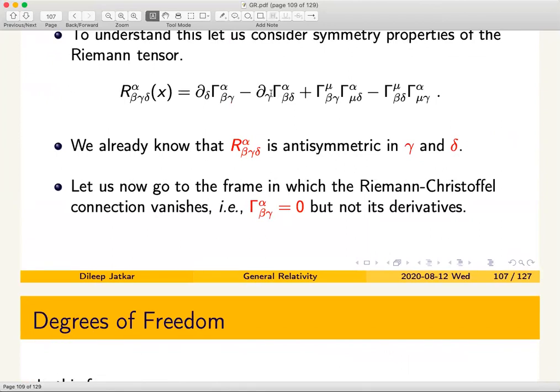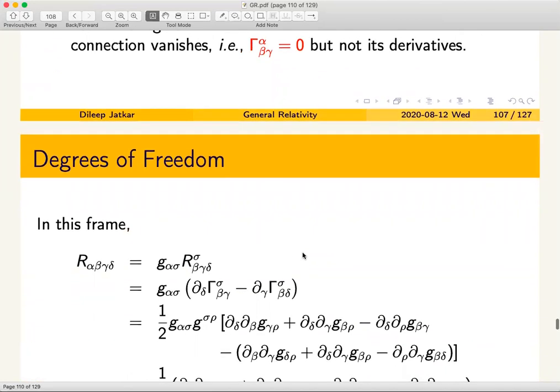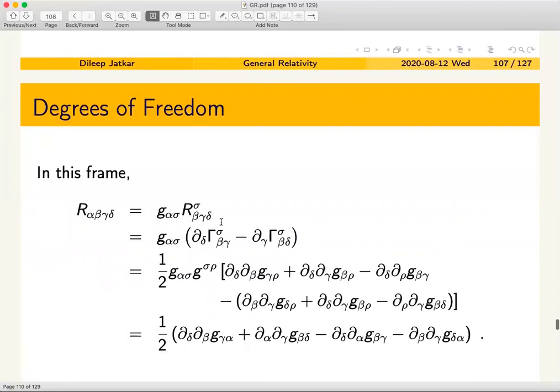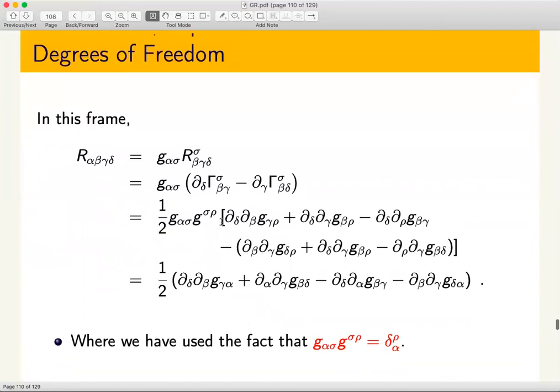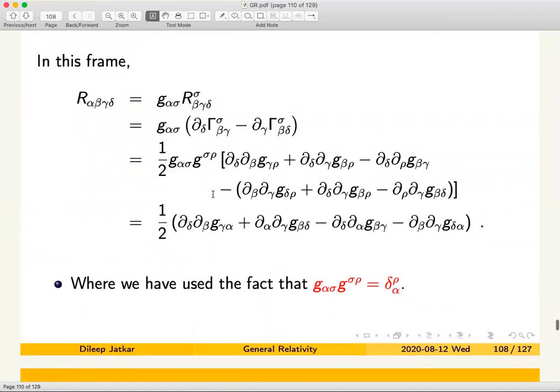But we know that indices can be raised and lowered using the metric, so we use the metric to lower the index. Let's do a bit of algebra here and try to see how this expression looks. We know how gamma looks. If you want, I can split the screen and show you the form of gamma, but I think by now you should know this.